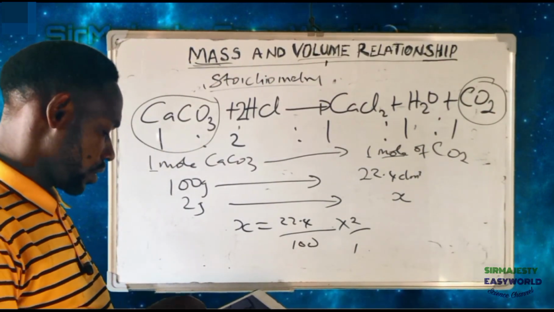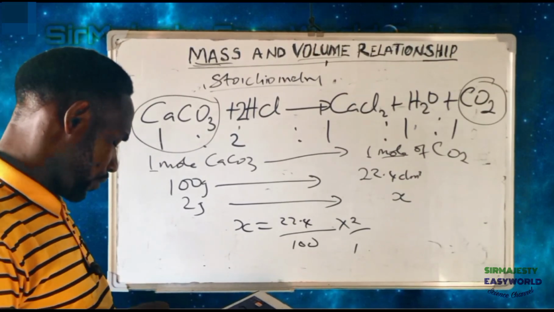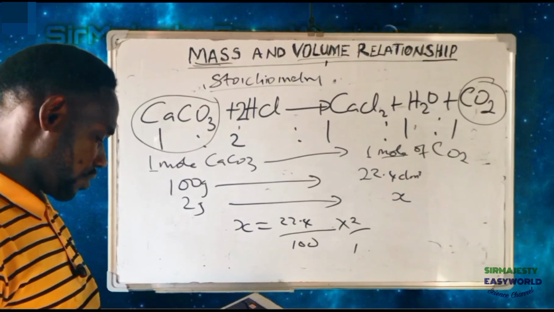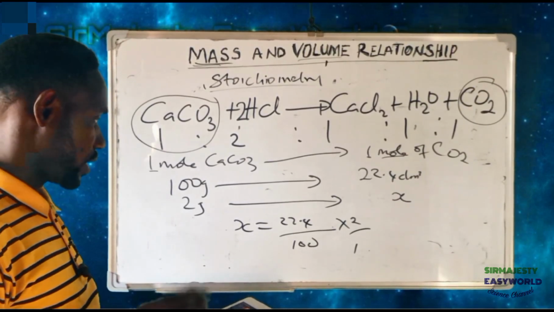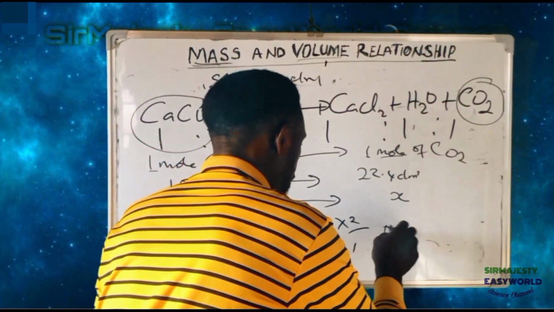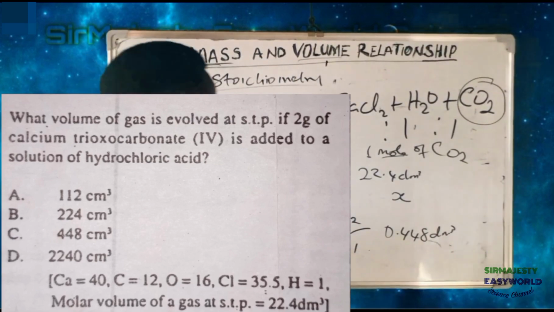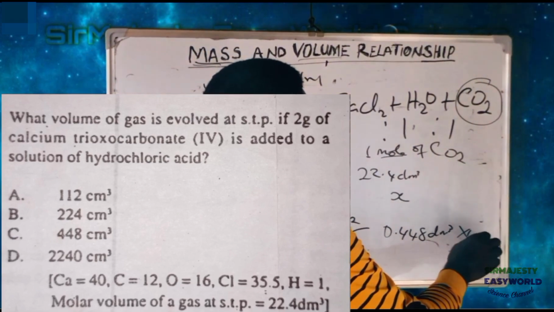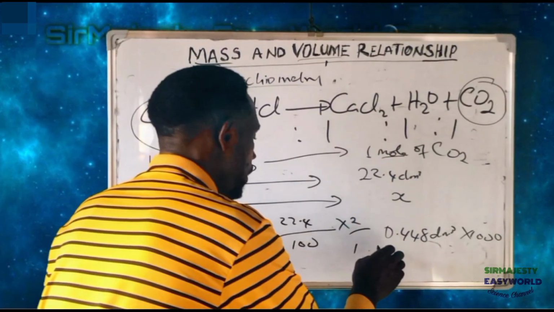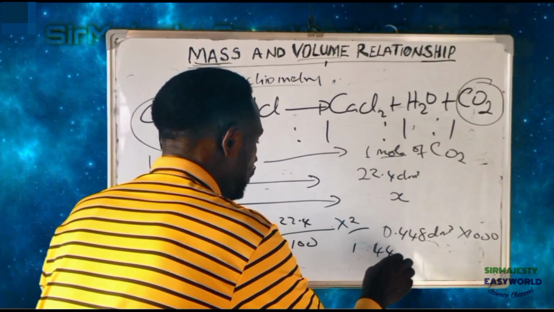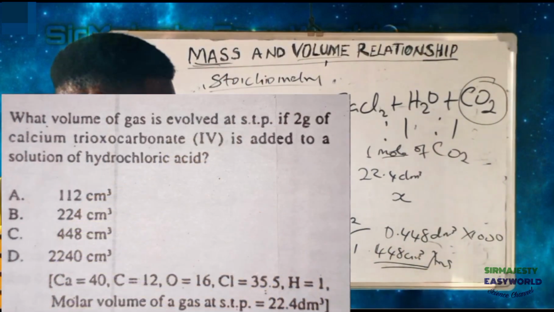We have that 22.4 divided by 100 and times 2, 0.448 dm cubed. But if you look at that option, it is in cm cubed, therefore you times by 1000 to convert to cm cubed, because 1 dm cubed is equal to 1000 cm cubed. So the final answer is 448 cm cubed. That's the correct answer.